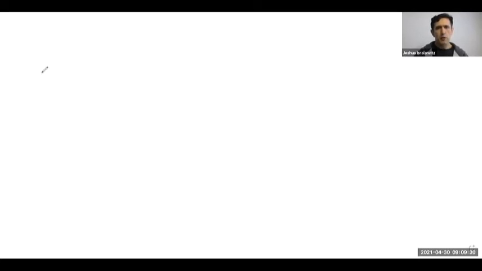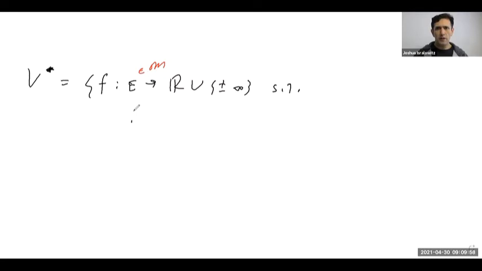So remember, we said this V star is just the set of all extended real valued functions f on a measurable set E, where f of x is finite for almost every x in E, meaning f of x is a real number for almost every x in E. Meaning that the set of all x in E where f of x is either plus infinity or minus infinity has measure 0.